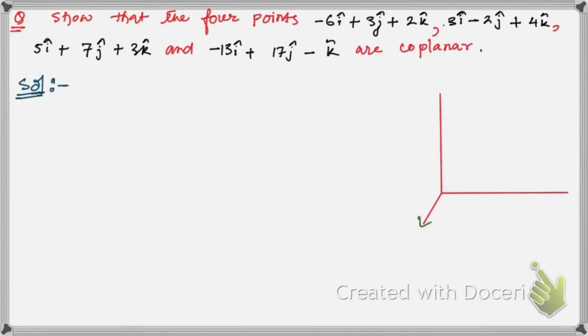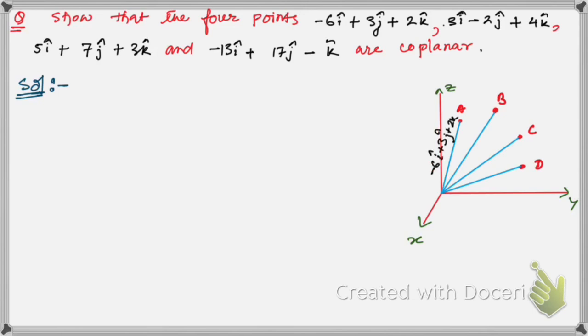So let me take 4 points in a Cartesian coordinate system, and these 4 given vectors are the position vectors of these 4 points. To show these 4 points are coplanar, we are going to show AB vector, BC vector, CD vector are coplanar.